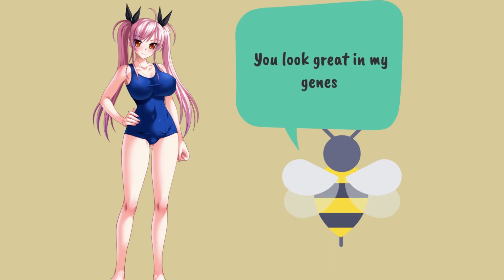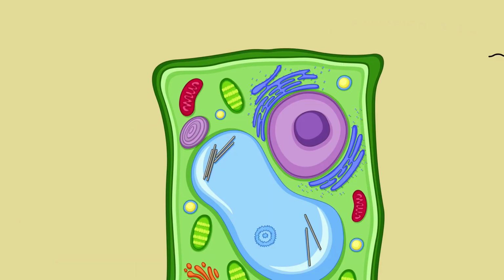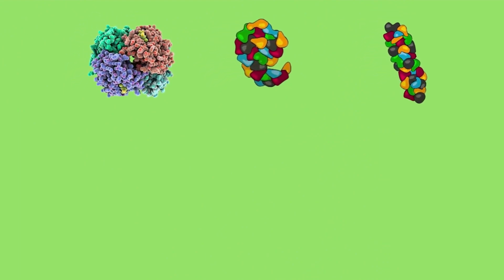Because all creatures use DNA in pretty much the same way, genetic engineers have found that if they take a gene from, say, a bacteria cell and insert it into the DNA of an animal or plant cell, that animal or plant cell will then read the new gene and produce the bacterial protein.